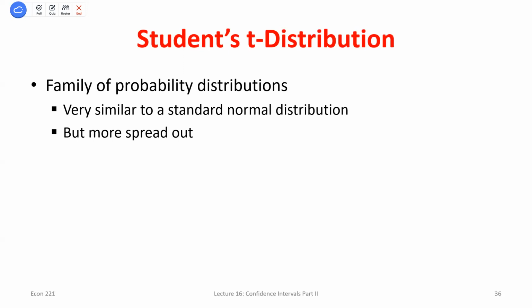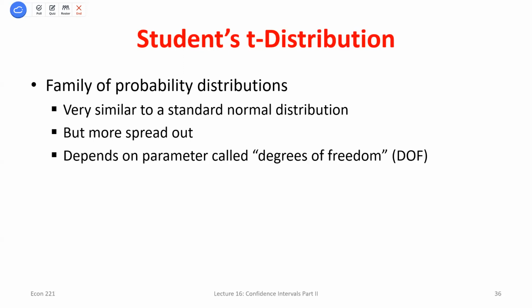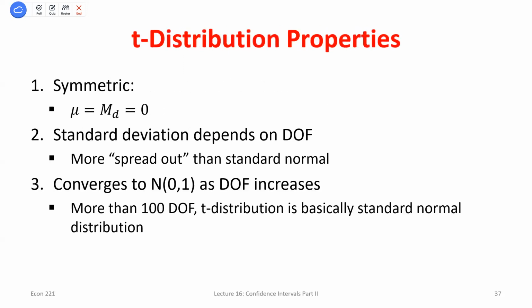And so it's not much more spread out than the standard normal, or it'd be a very close approximation. In fact, I think, did I have it here? There it is. Step or problem 3 here, there's 0.3. Once I get past 100 sample size, I'm probably okay to use the standard normal. It'd be a very close approximation.